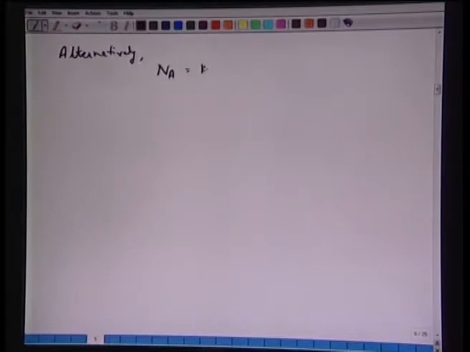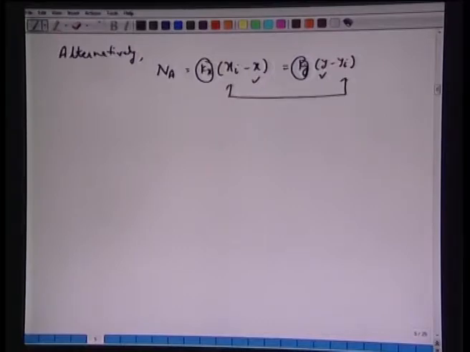Na equals kx times xi minus x equals ky times y minus yi. So, kx is given to us, ky is given to us, x is given to us, and y is given to us. Yi and xi we are supposed to calculate.